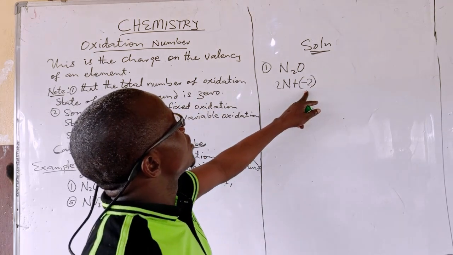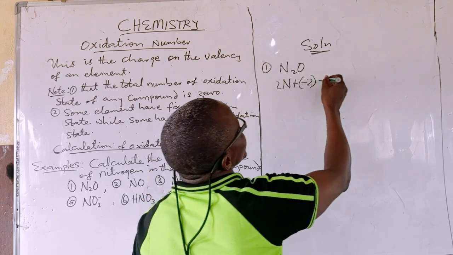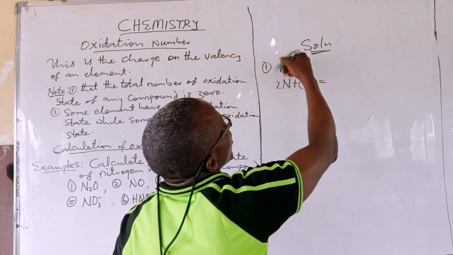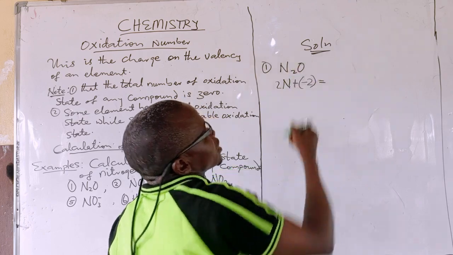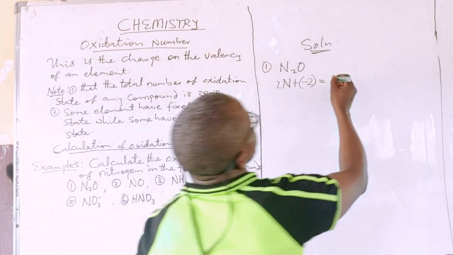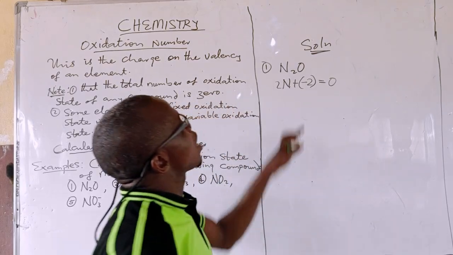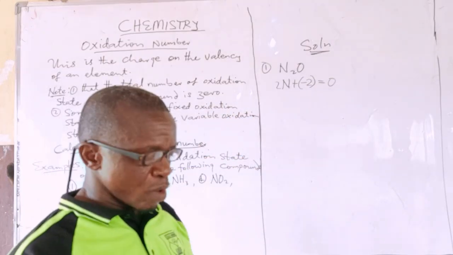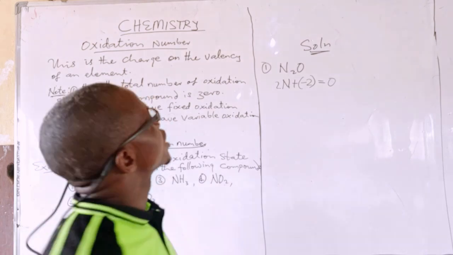So we equate it. Remember I said that the total of all the oxidation states of any compound is equal to 0. Equate it to 0. Once you are able to generate this up to this point, use your mathematical method to do the calculation.